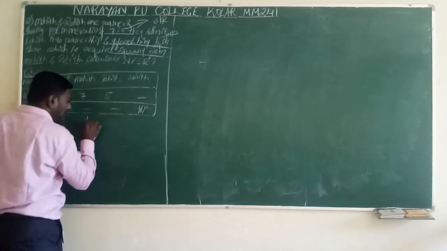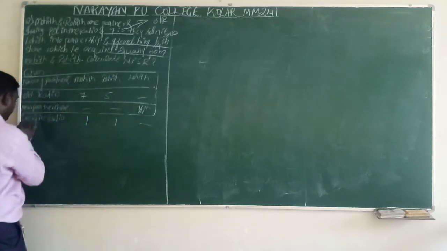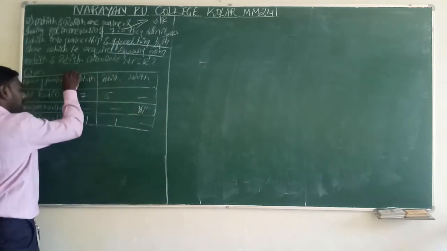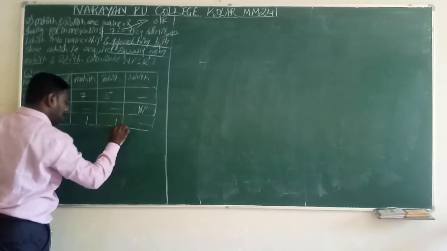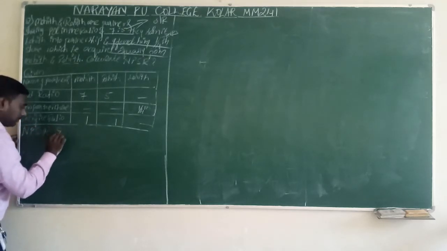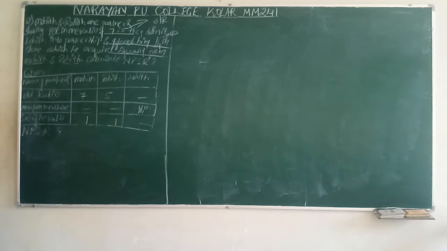Sacrifice ratio 1:1. Now we have to calculate NPSR, the new profit sharing ratio. So this is the information which is available in our question.